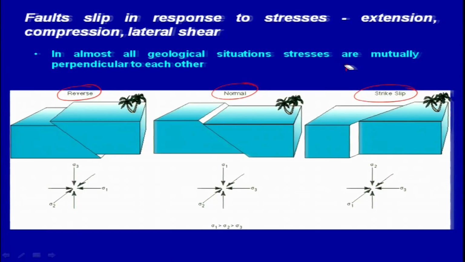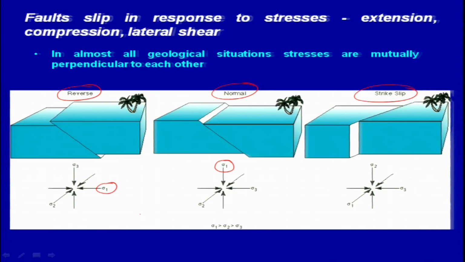Whereas in case of the normal fault, you have the least again along the fault plane, and the maximum is vertical, okay. In case of the reverse fault, the maximum is horizontal.